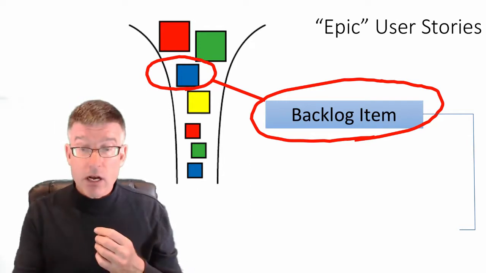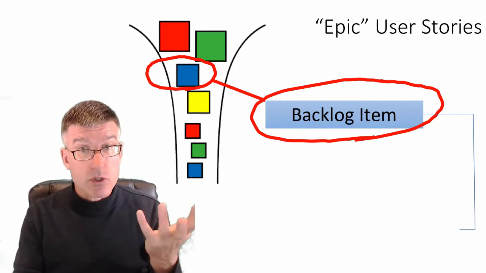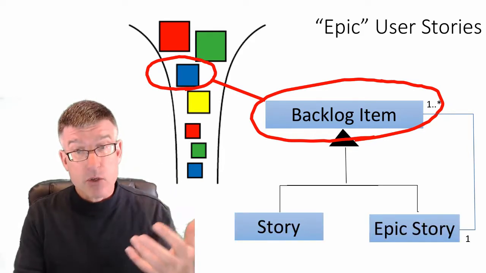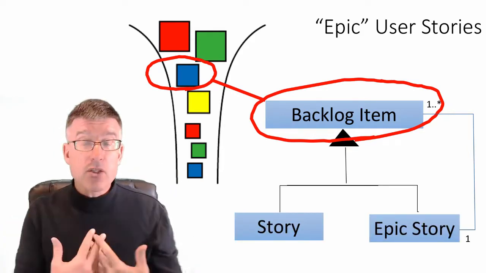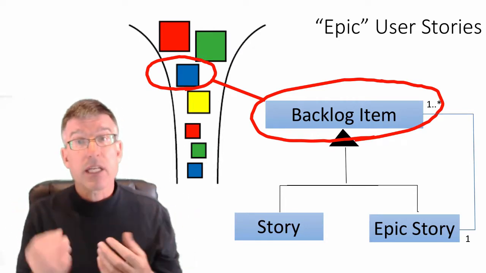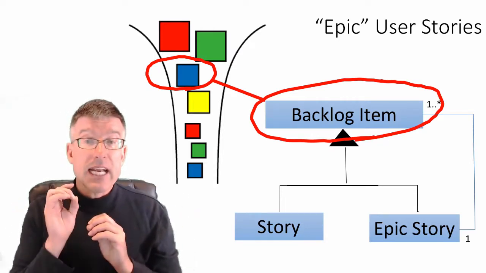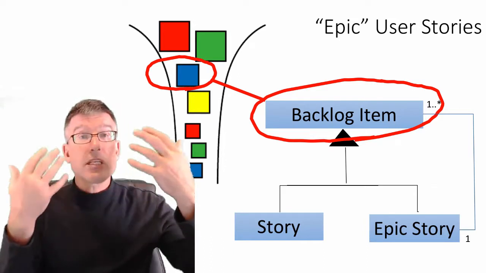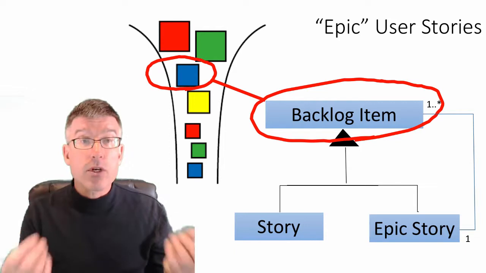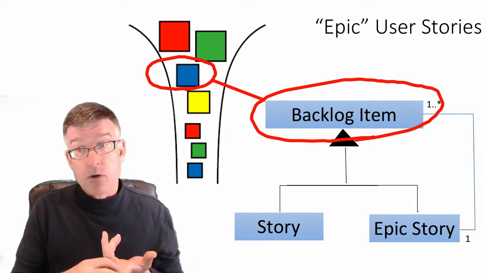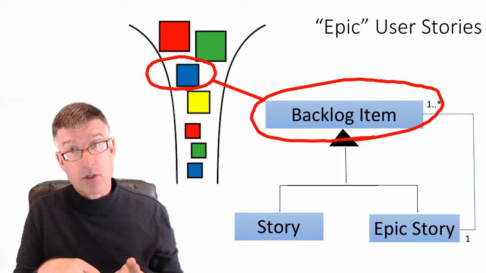Those can be a user story, but we can introduce the idea of an epic story, which is simply the big story. An epic story can be broken down or decomposed into smaller stories, child stories, or smaller epic stories.